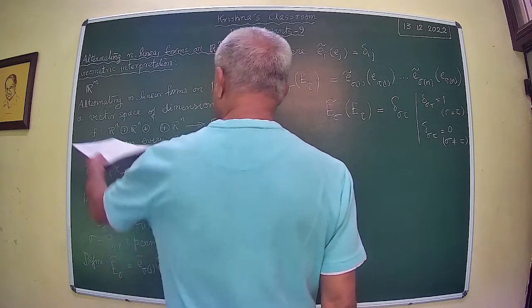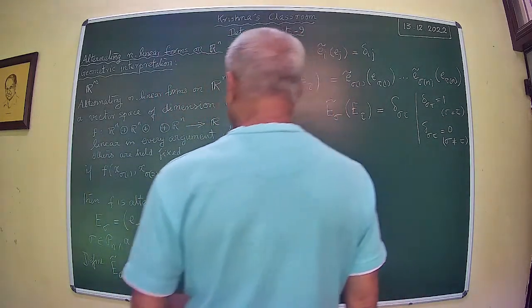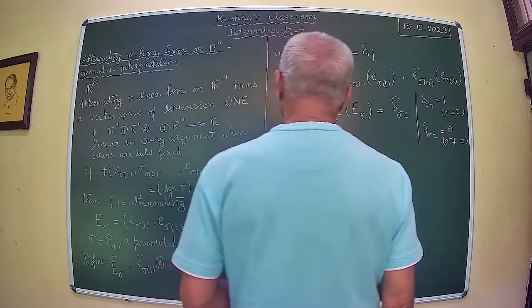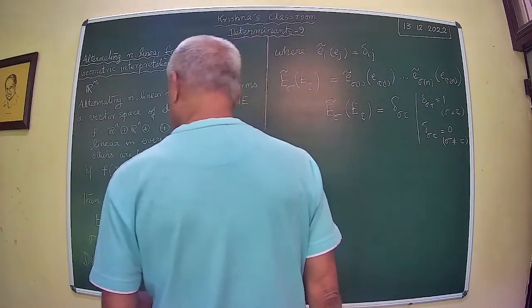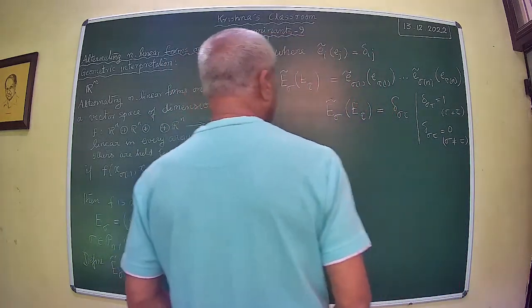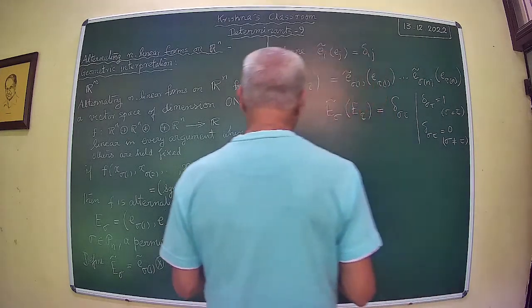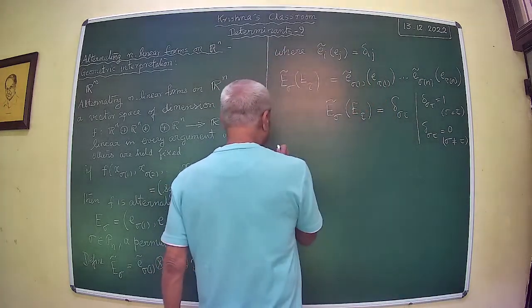So if F is an alternating n-linear form, F can be written as a linear combination of E sigmas. And eventually what one gets is the following. So we will designate the following.